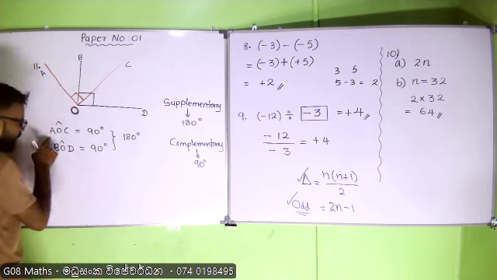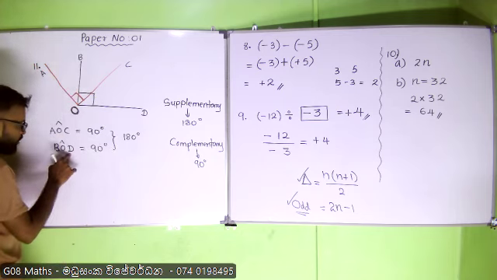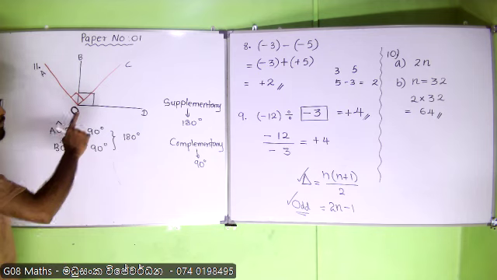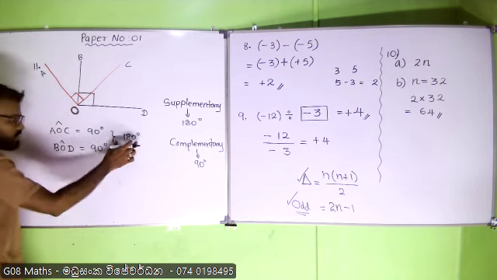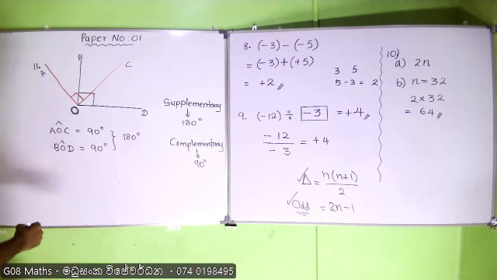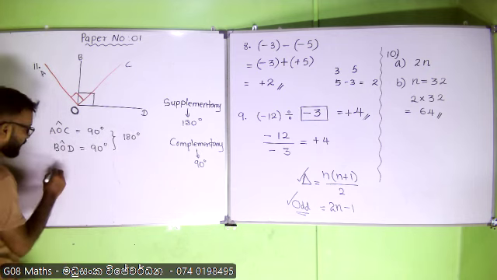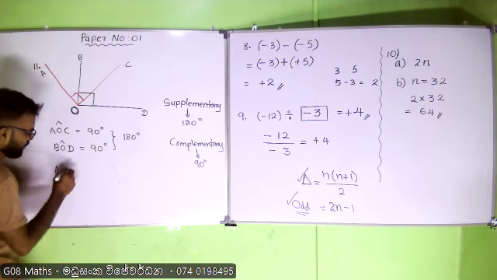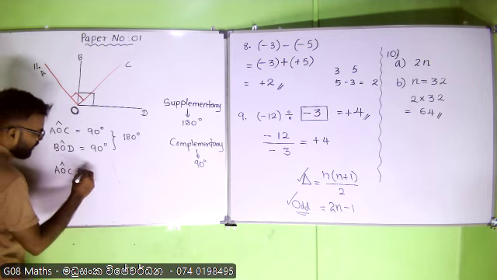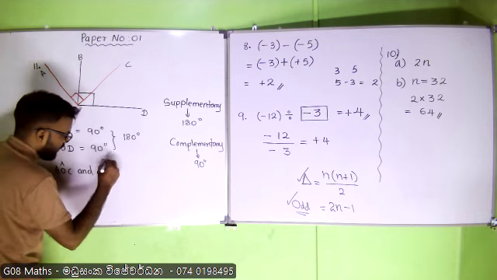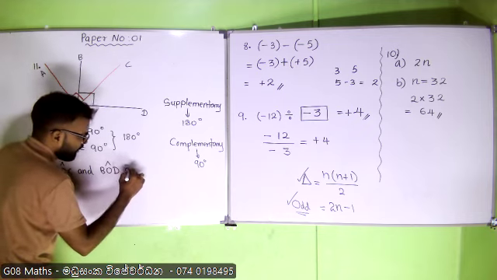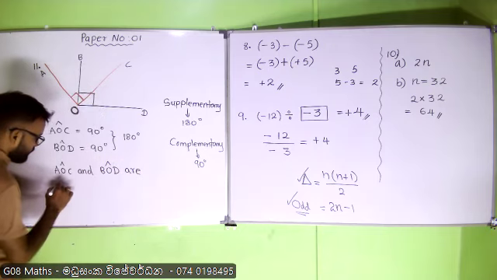So the AOC angle and BOD angle become supplementary angles because the summation of these two angles is equal to 180. So you can write AOC angle and BOD angle are supplementary angles.